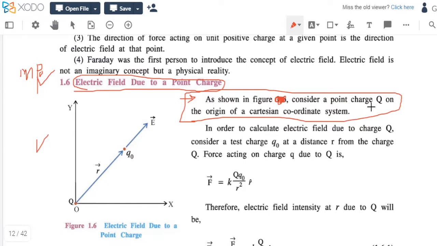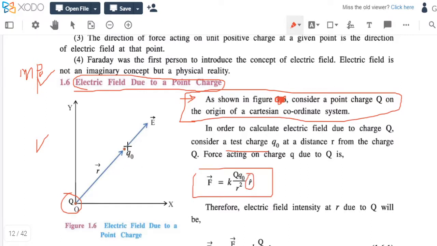Consider point charge capital Q on the origin of the Cartesian system here. In order to calculate the electric field due to charge Q, consider a test charge, the unit positive charge, Q naught, at a distance r from the charge Q. Force acting on the test charge due to capital Q is F equals k Q Q naught by r square r caret.